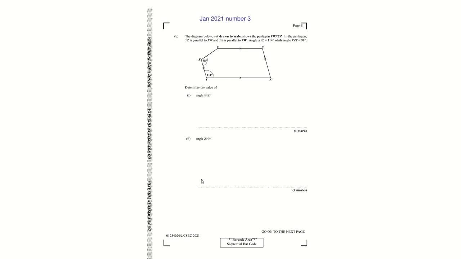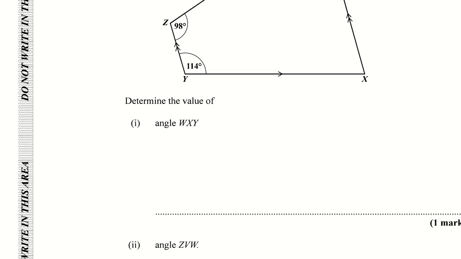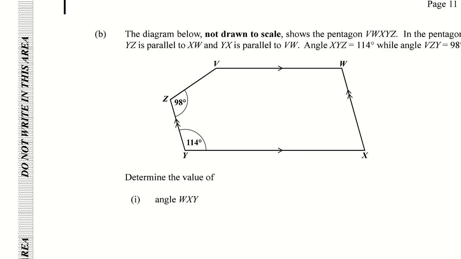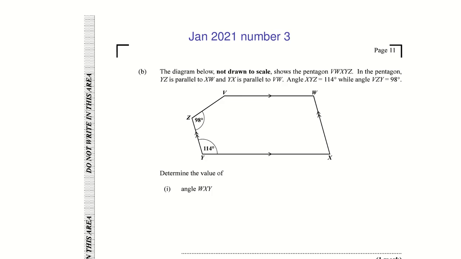Right, let's look at this one. This one was a little bit different, so I want to make sure that we understand. So let's zoom in. The diagram below, not drawn to scale, shows a pentagon VWXYZ.